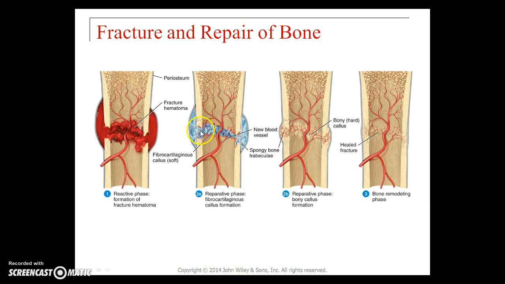And also a lot of capillaries grow into the broken area. So fibrocartilaginous tissue forms first. That's the fibrous cartilage that we mentioned in chapter 4, the chapter on tissues. And then spongy bone replaces it.